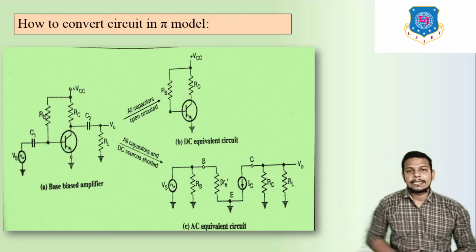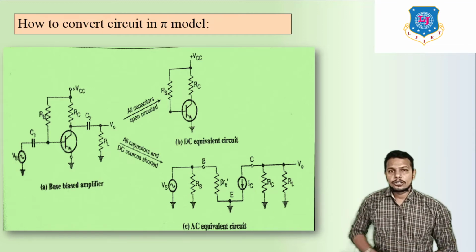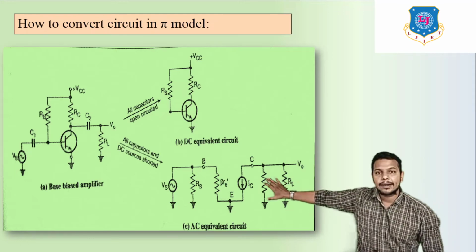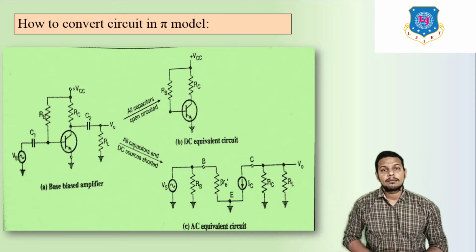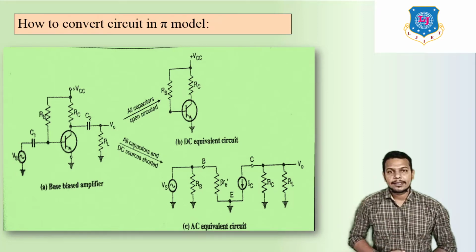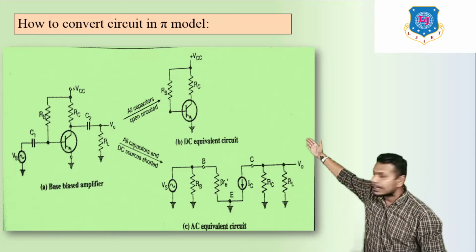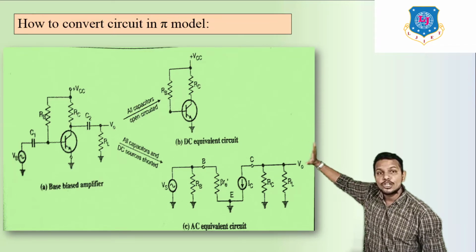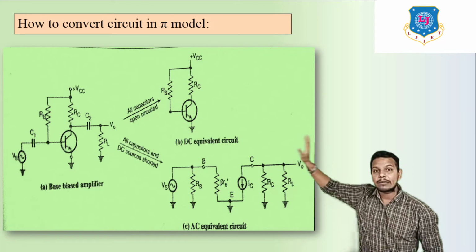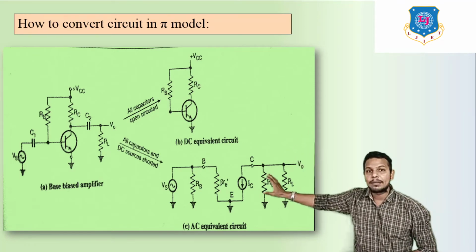For the DC analysis, we have to remove all capacitors from the circuit diagram because a capacitor blocks DC and becomes open circuited. That's why here we can see it becomes open circuited, so there is no capacitor in this circuit diagram. So basically this is the DC equivalent circuit of that amplifier.